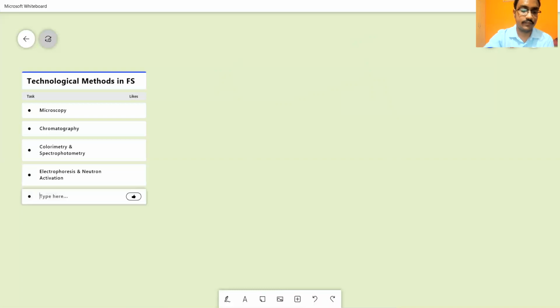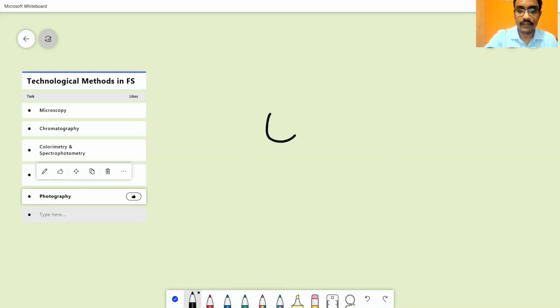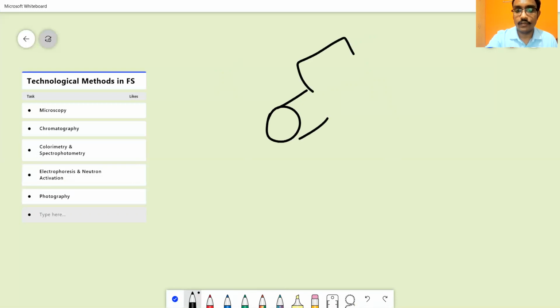Now the last, 5th unit will be photography. So we all know what photography stands for. Okay, so we have a camera, we have a picture in the front and a lens inside, and then a screen which captures the image.